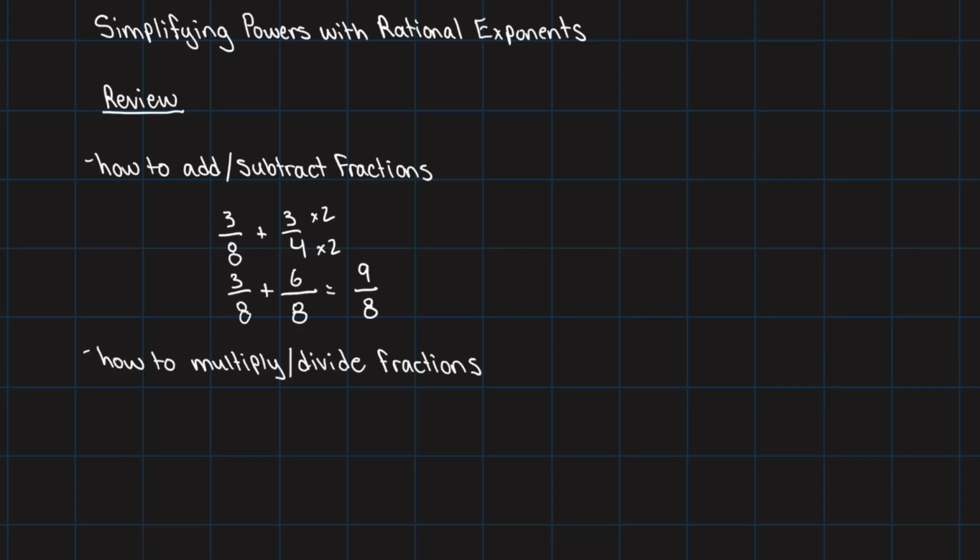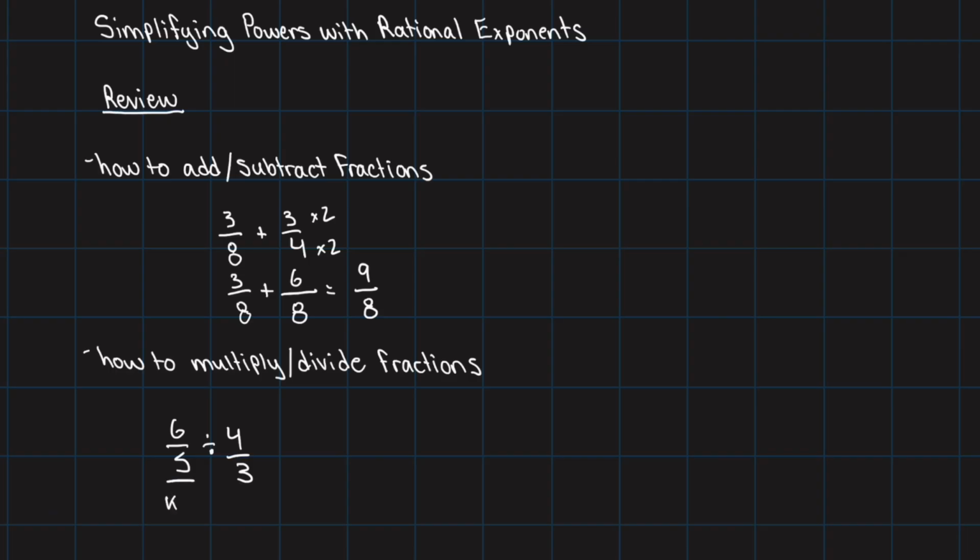Something to remember when dividing fractions is if, let's say you have the same thing, 6 over 5 divided by 4 over 3, there's this thing to help you remember what to do when you're dividing fractions, and it's keep, change, flip.